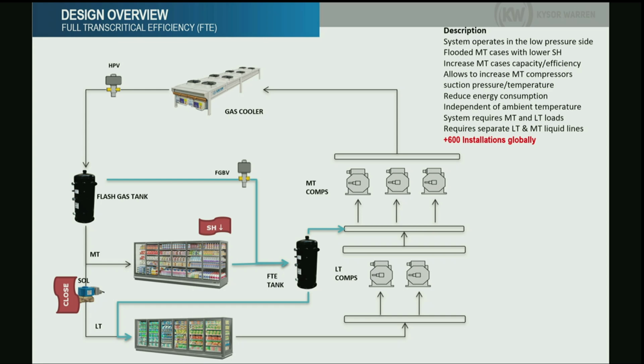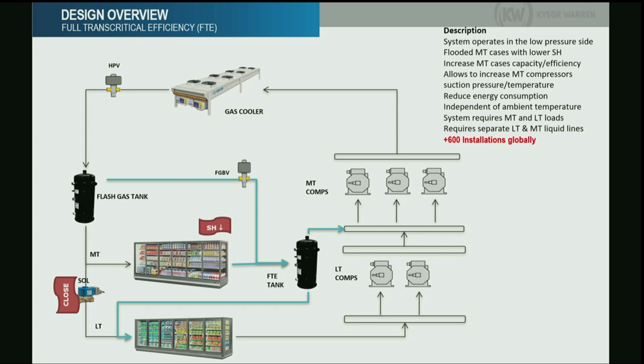And what happens there is the cases drive the suction temperature of the medium temperature compressors. So if we are increasing the suction temperature of your case, you can also do the same with the compressors. That's money to run. Yes. So for every degree that you increase your suction temperature in your compressors, you are increasing the efficiency of those compressors by about 1.8%.